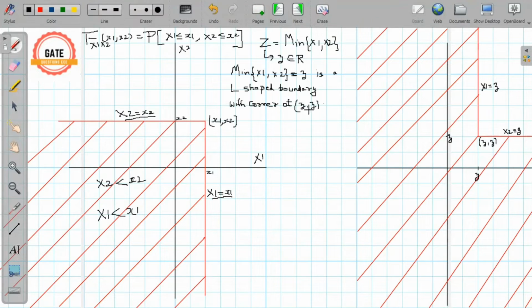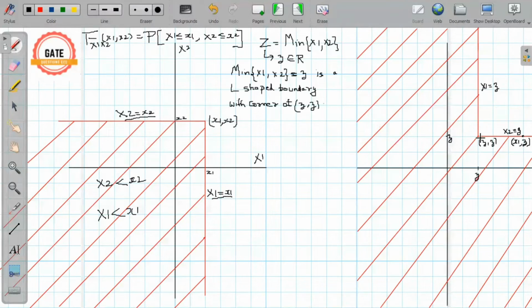Now to verify this, if you take any point on this L-shaped boundary, for example, if I consider this horizontal section and consider a point on it, then the coordinates will be x1 comma x2, but x2 everywhere on this section of the line is z. So the coordinates will look like x1 comma z.